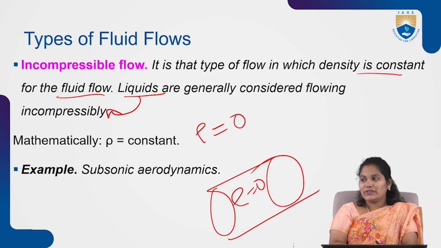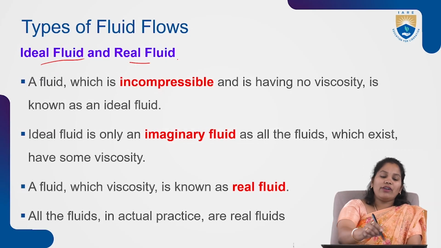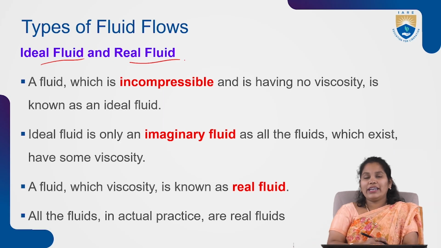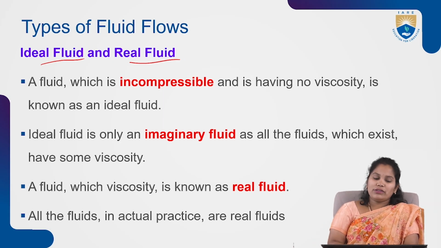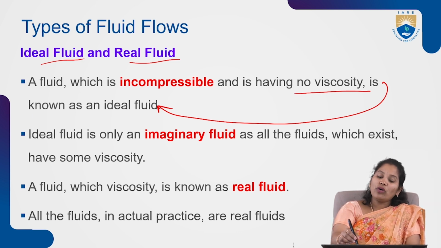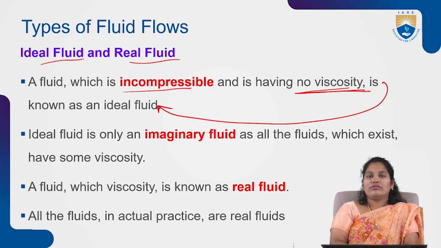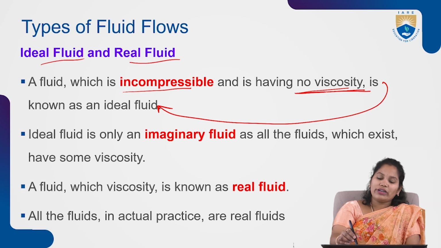Now, ideal fluid and real fluid. An ideal fluid is an imaginary fluid. A fluid which is incompressible and has no viscosity is known as an ideal fluid. Every fluid has some viscosity, but here it is said to have no viscosity. That means it does not exist.